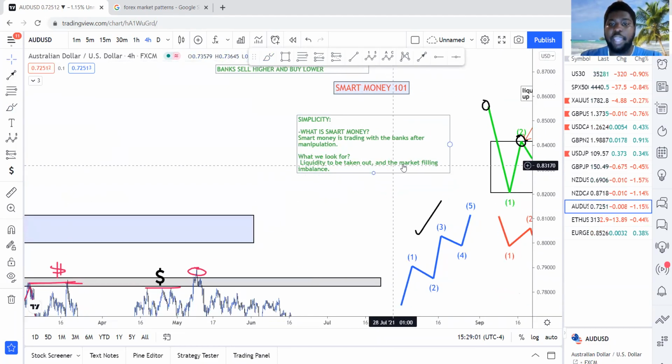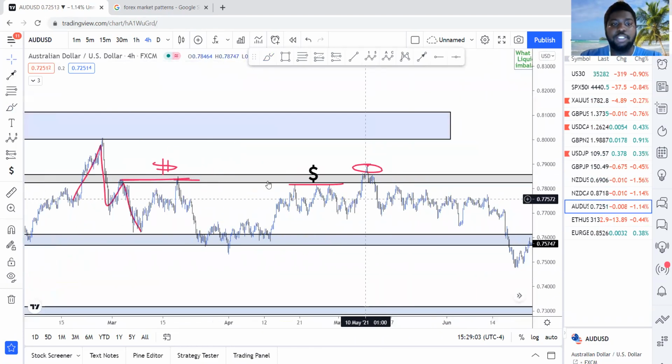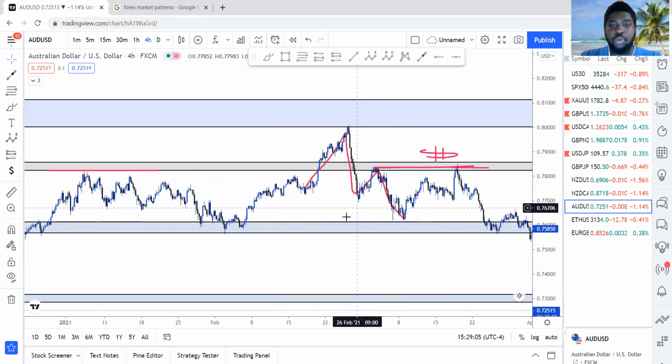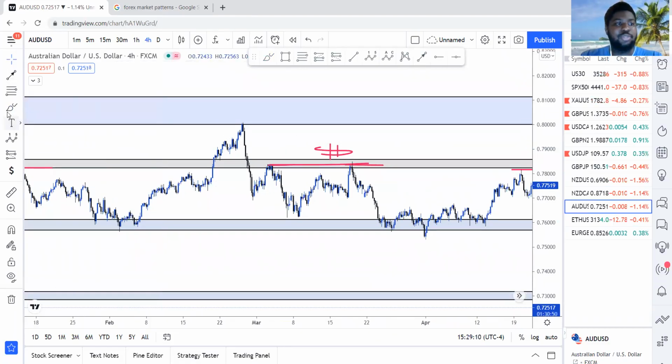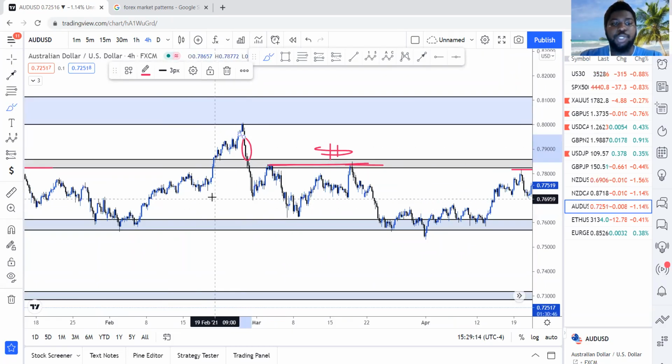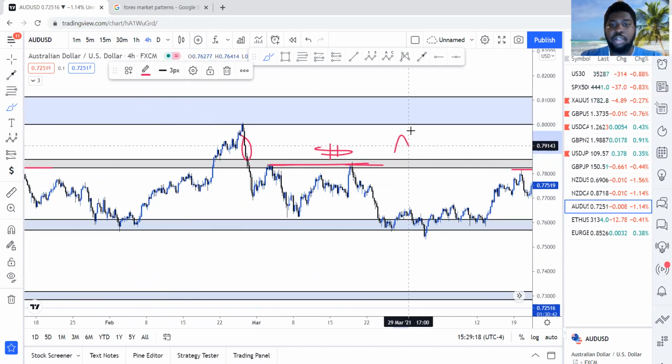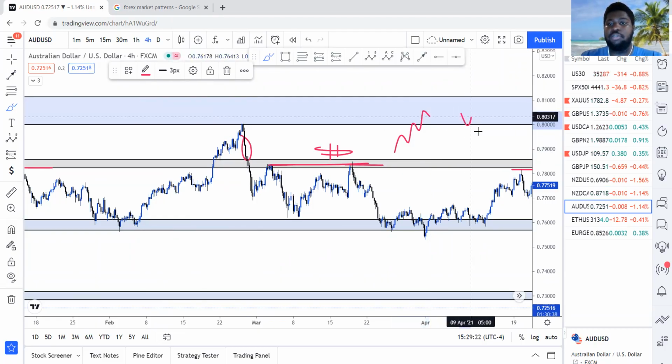And what's the second thing? The market filling imbalances. So if we look over here in this market as well, I've got to do a training on this, but we have some sort of gaps over here. And what do I mean by gaps? The market always has to go up, correct itself, go up, correct itself. Even if it's coming down, it corrects itself, goes down, corrects itself.